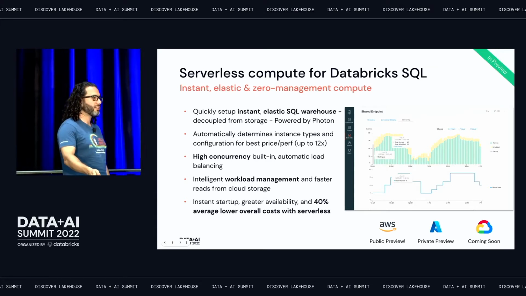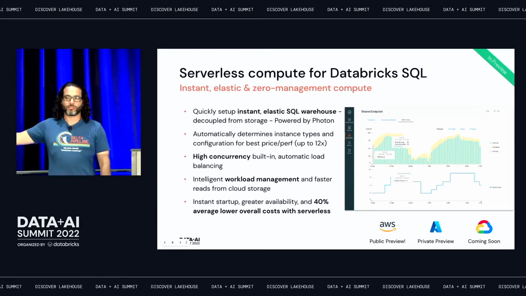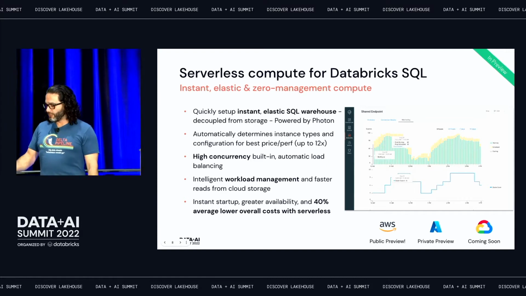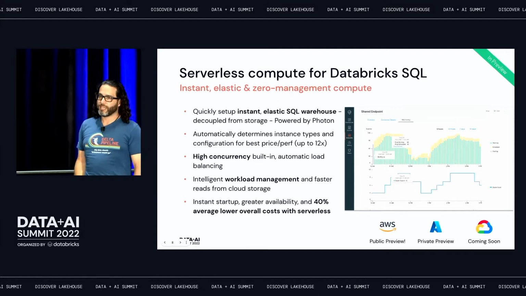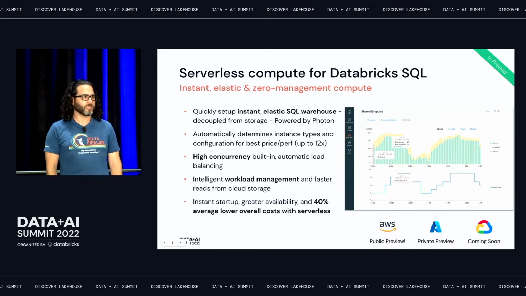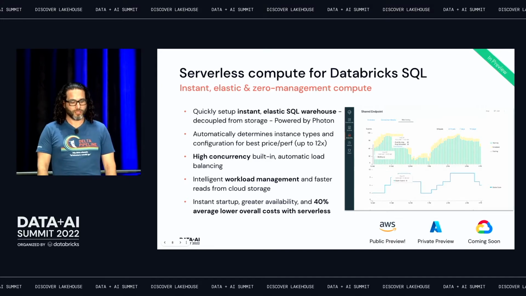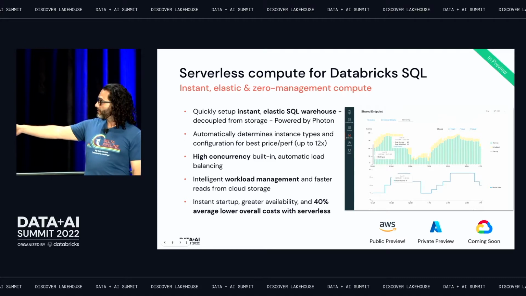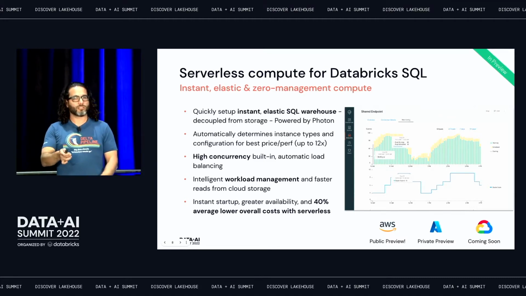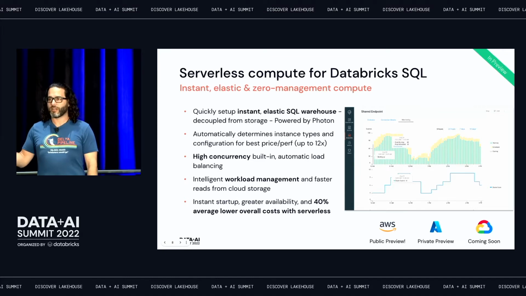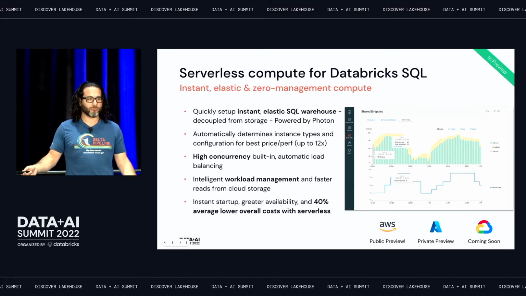And you can see here by the chart, behind the scenes, Databricks SQL is looking out for your costs. As these users are coming in the morning, it's going to boot up more resources to make sure that it's handling their requests efficiently and they're not waiting. And then as they leave for lunch, it's going to give those resources back to the cloud because they're not using it. And it's making sure it's looking out for your budget. So you're not wasting idle compute on nothing.